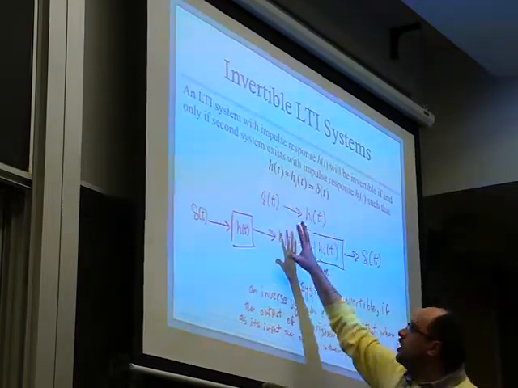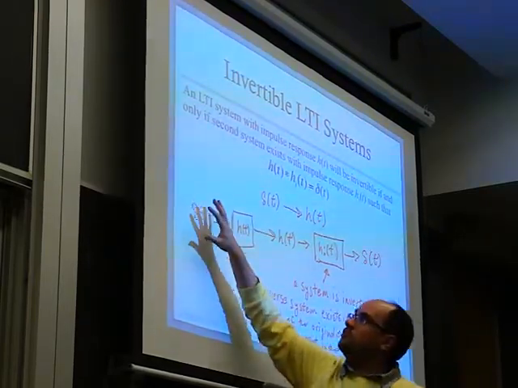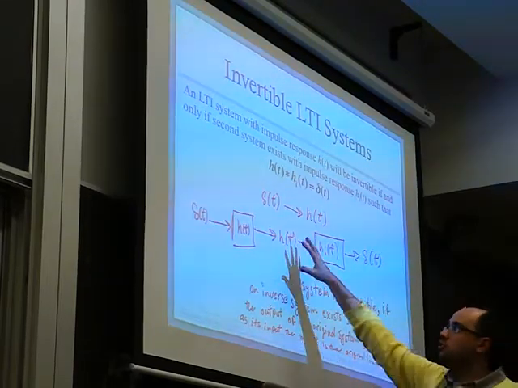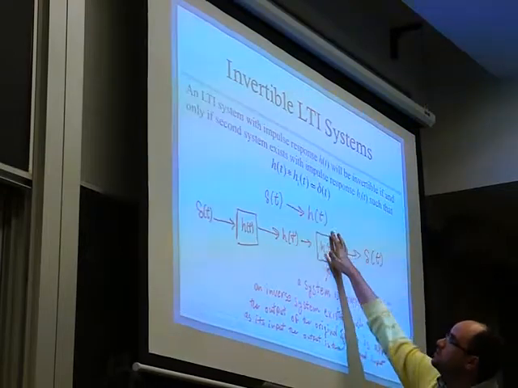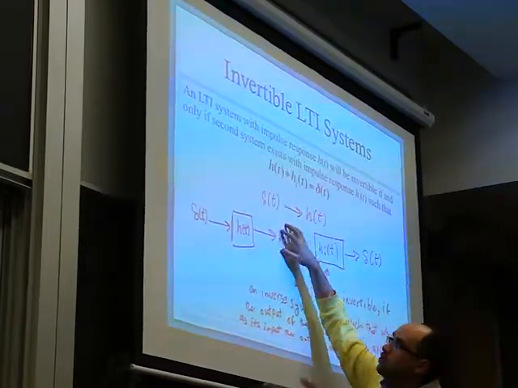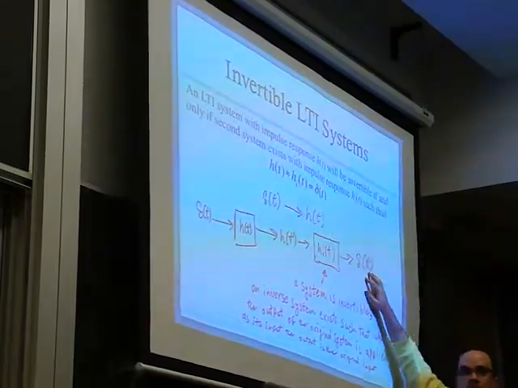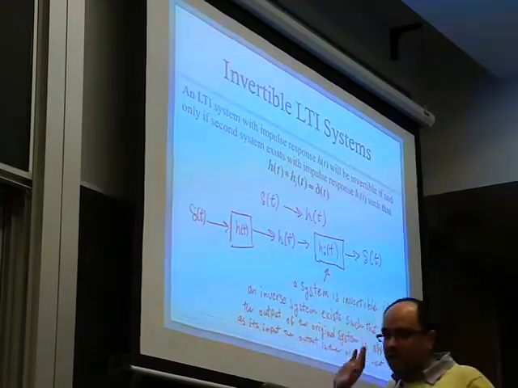I want to know which input generated that output. What I do is calculate this inverse system, and by passing the output of the original system through it, I get the original input. So this one is again important.